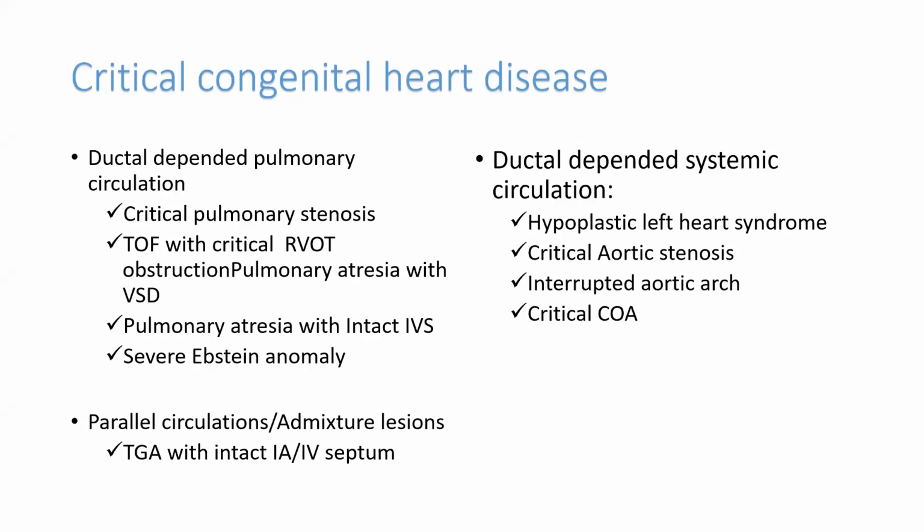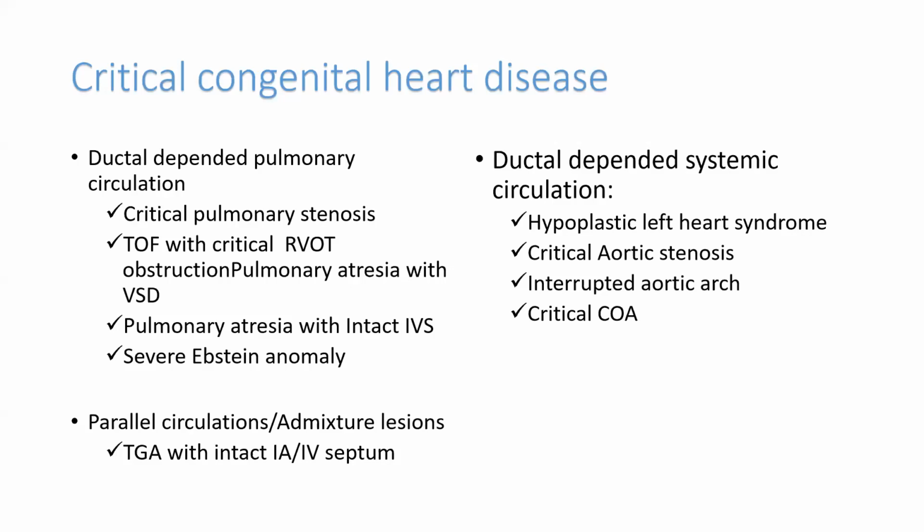So in situations where there is severe obstruction, either below the valve, the infundibular obstruction, or at the valvular level or even supravalvular level, then you end up in a condition where there is again very minimal forward flow into the pulmonary artery. And therefore, to ensure circulation into the lungs, the PDA becomes important again as it shunts blood back into the pulmonary vessels.